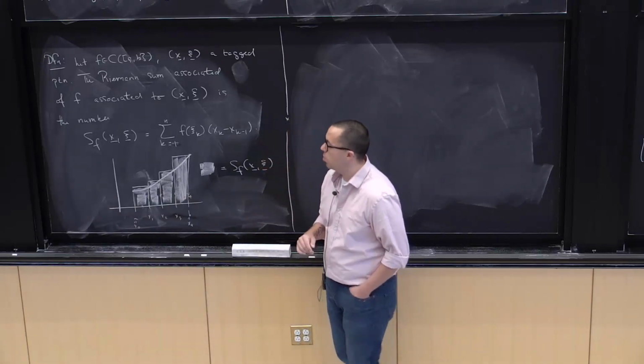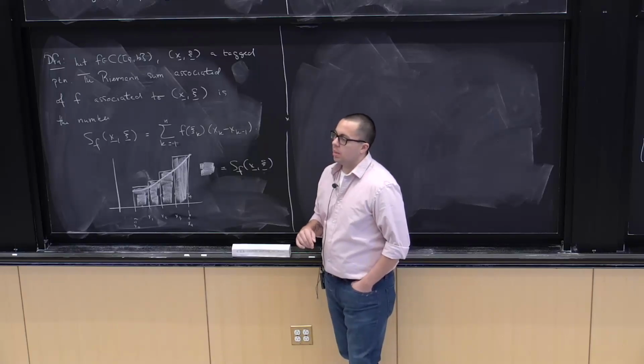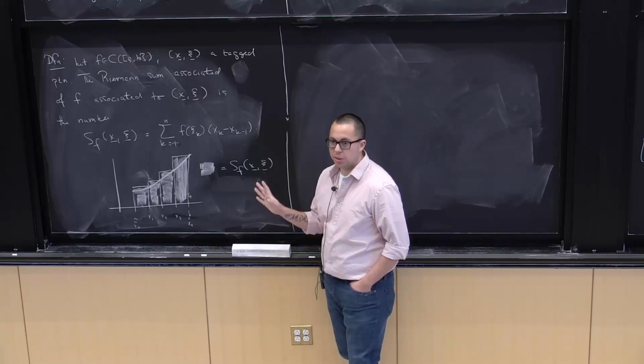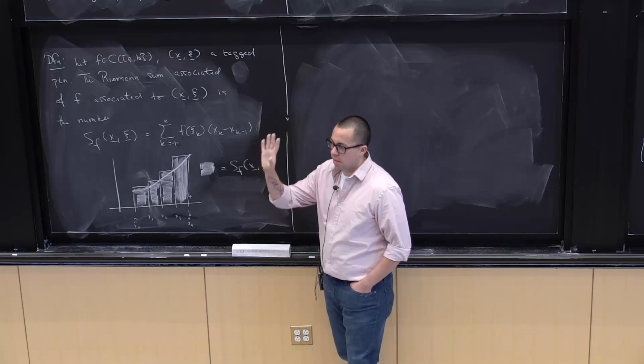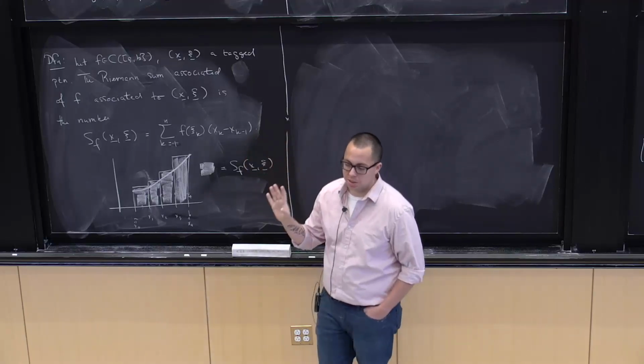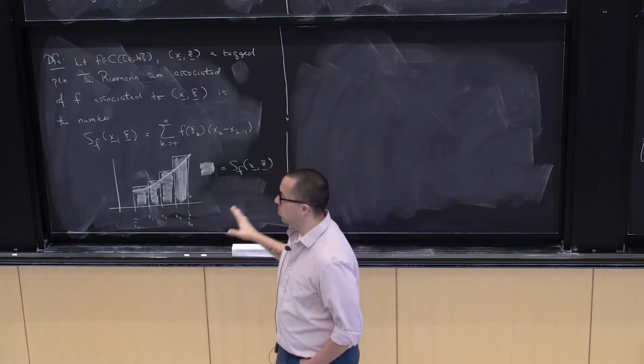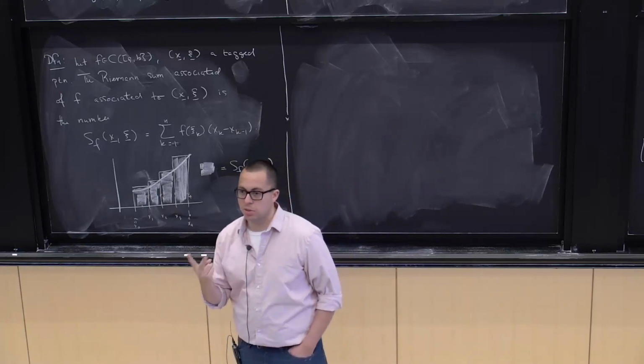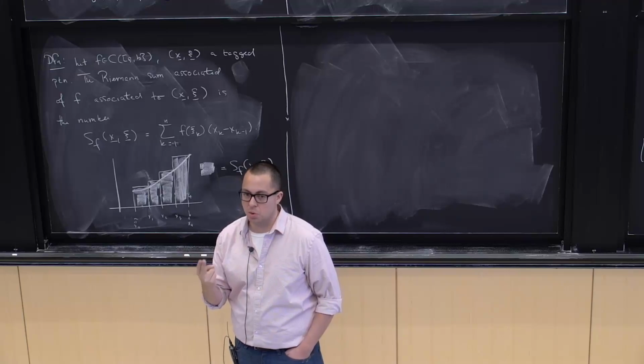But the take-home point is, again, there is no definition of area underneath the curve independent of what we're doing. It's not like out there in the universe there's a notion of the area underneath the curve, and when we compute the Riemann integral, magically those two numbers coincide.